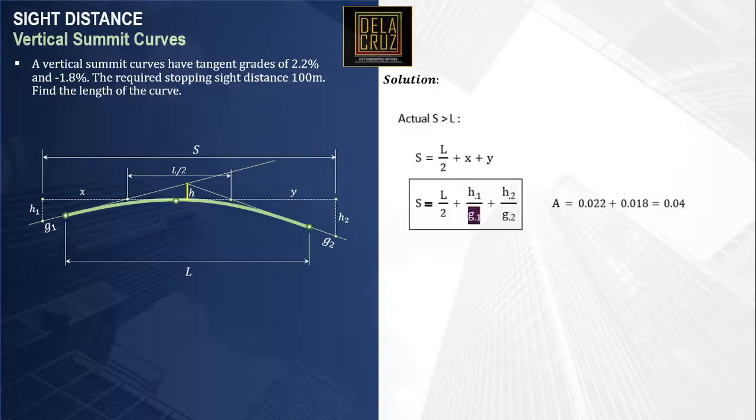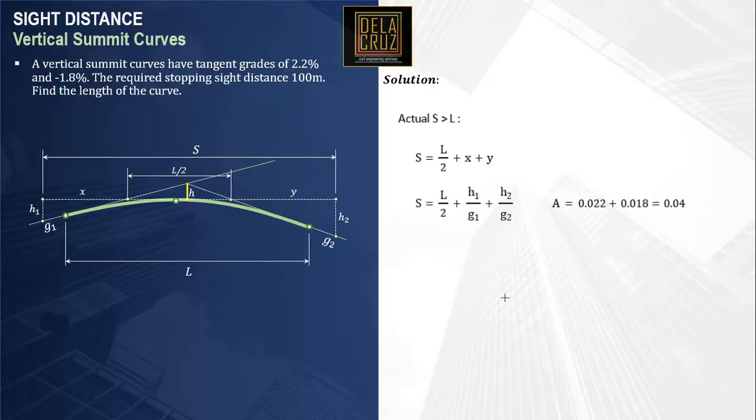We need to differentiate S to G to the grades because we want to calculate the minimum required stopping sight distance. Here, the stopping sight distance is given. Therefore, we need to calculate the equivalent required length. We'll take this one as the minimum required stopping sight distance.